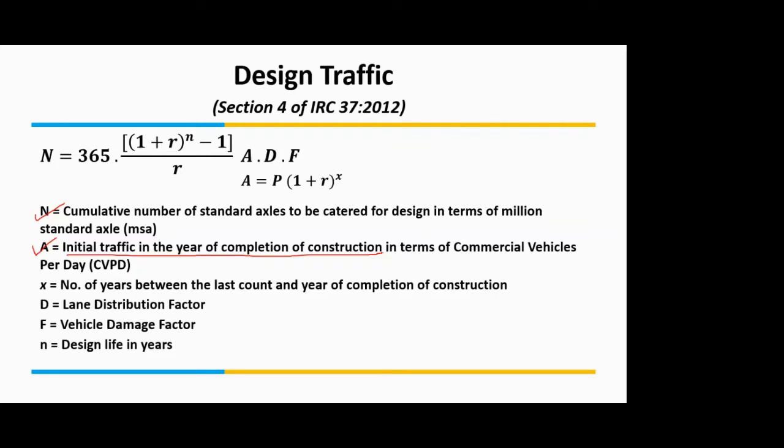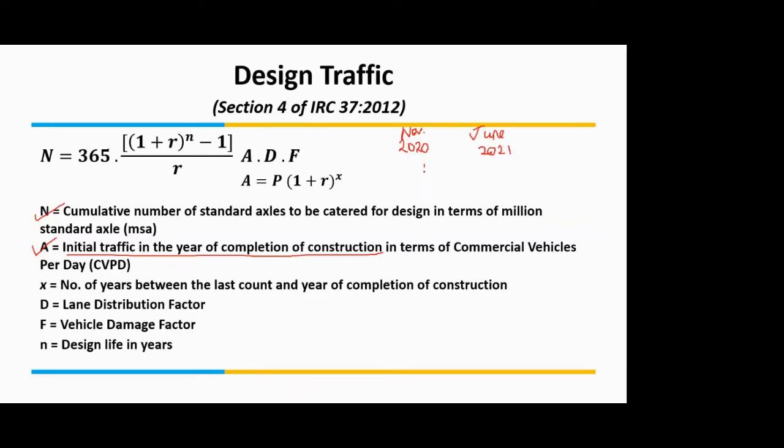Whatever is the traffic, we count it. So you have to project that. Say suppose we had taken an example, that in 2020 I counted the traffic in November, and in June 2021 my construction will be completed, and then your road will be used by the vehicles.